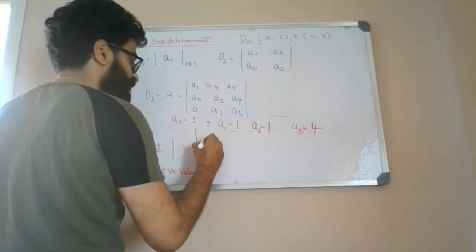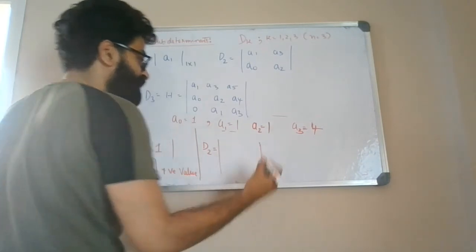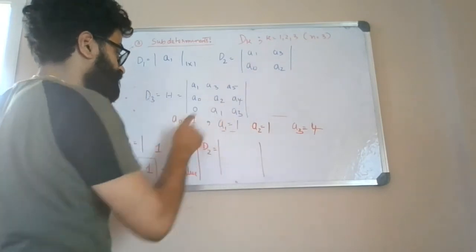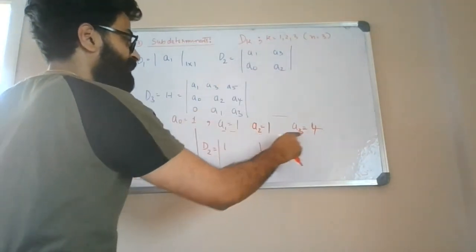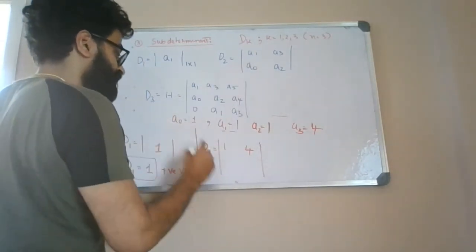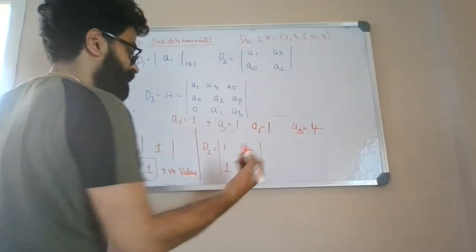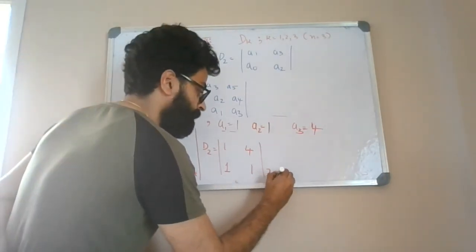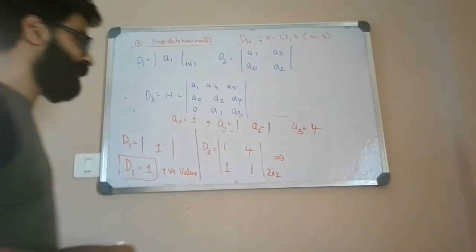Next, you try finding out D2. It's a 2 cross 2 determinant. What are the elements? A1 is unity, A3 is 4, A0 is unity, A2 is 1. So this is your 2 cross 2 determinant. Solve this determinant and tell me what value you will get.